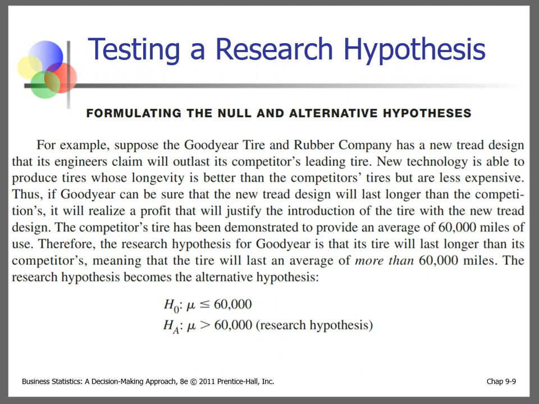The research hypothesis becomes the alternative hypothesis. The burden of proof is on the Goodyear company. Only if the sample data show a sample mean that is substantially larger than 60,000 miles will the null hypothesis be rejected and Goodyear's position be affirmed.